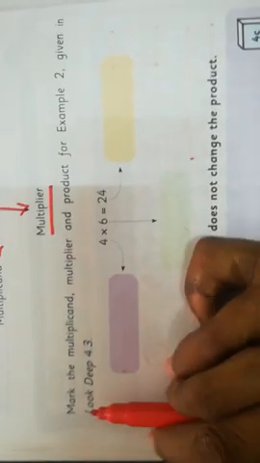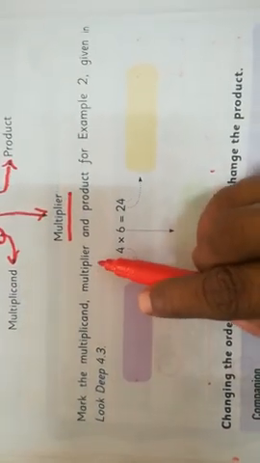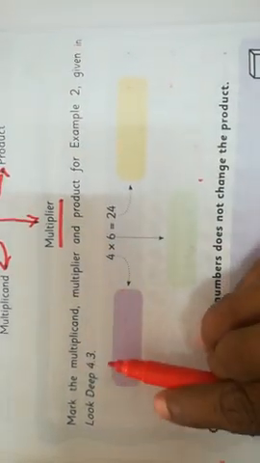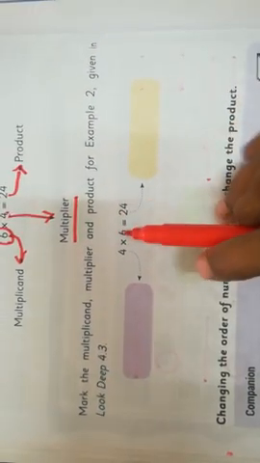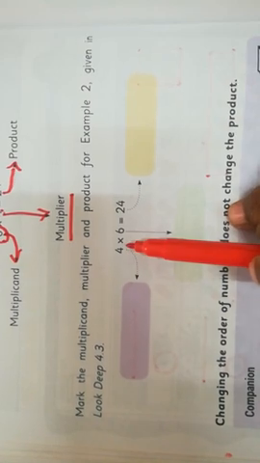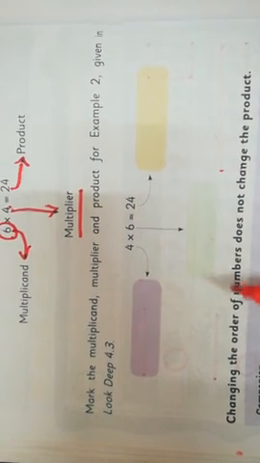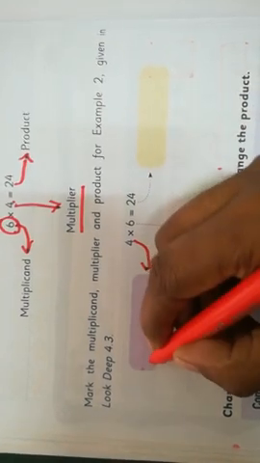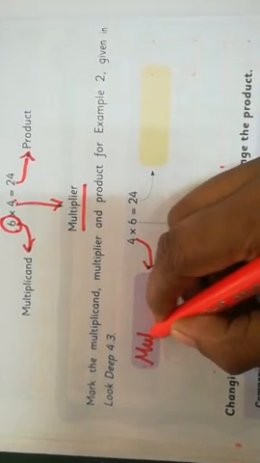Then mark the multiplicand, multiplier and product for example 2 given in Look Deep 4.3. See, in the Look Deep activity, the second example is 4 into 6 is equal to 24. So, the first number will be called, yes, multiplicand.